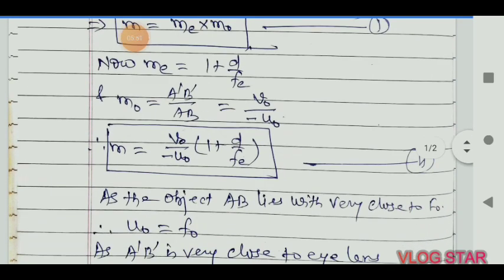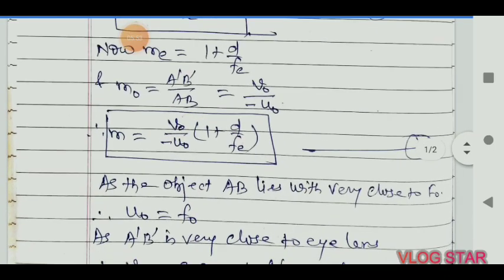So by this combination, magnification will be V_0 upon minus U_0 times 1 plus D by F_E.